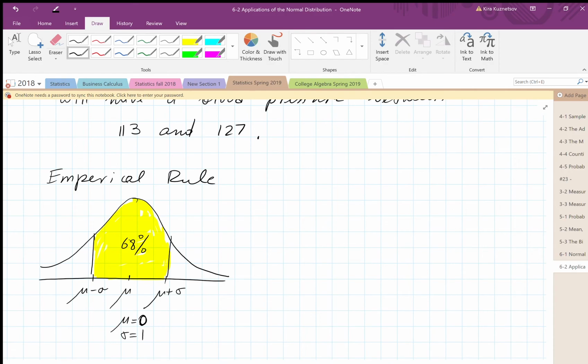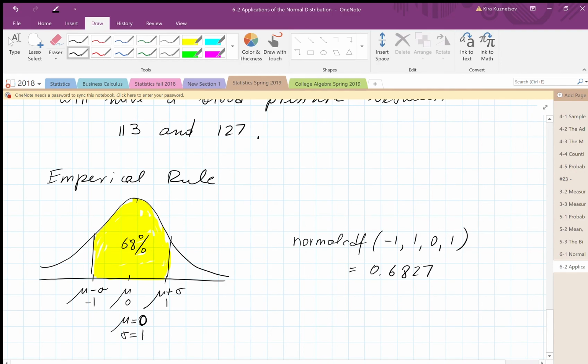If you click on distributions, normal CDF, you'll put your lower limit. So if this is your 0, you go to the left, you go to -1. You go to the right, you go to a +1. So between -1 and 1, with mu 0 and sigma 1, you push enter and you actually see this coming up at 0.6827.